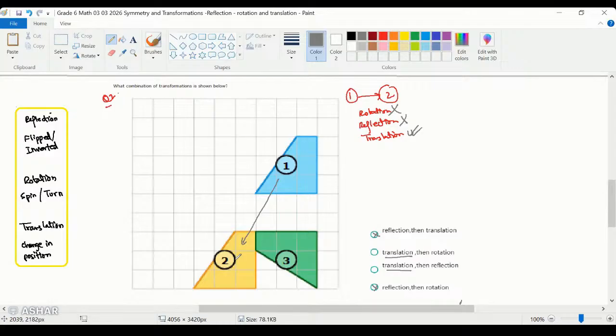What about 2 to 3? We had rotation, reflection, and translation. So from 2 to 3, we can see that change of position is not there, right? Because the angle has changed.